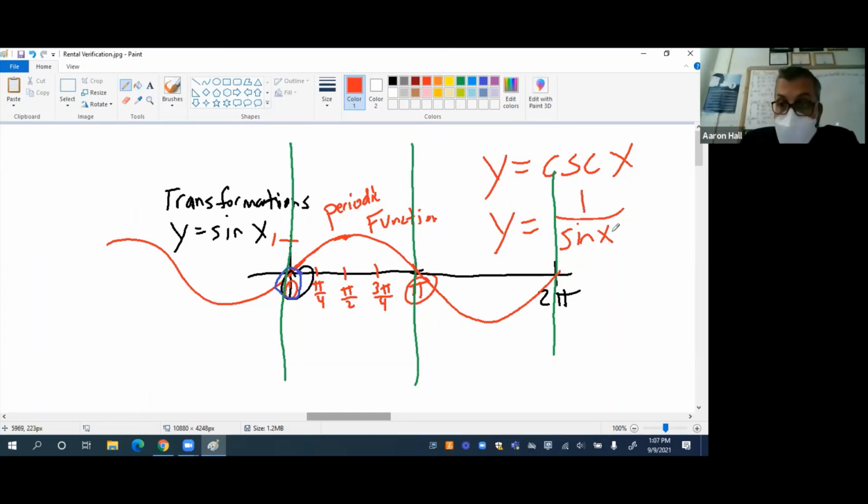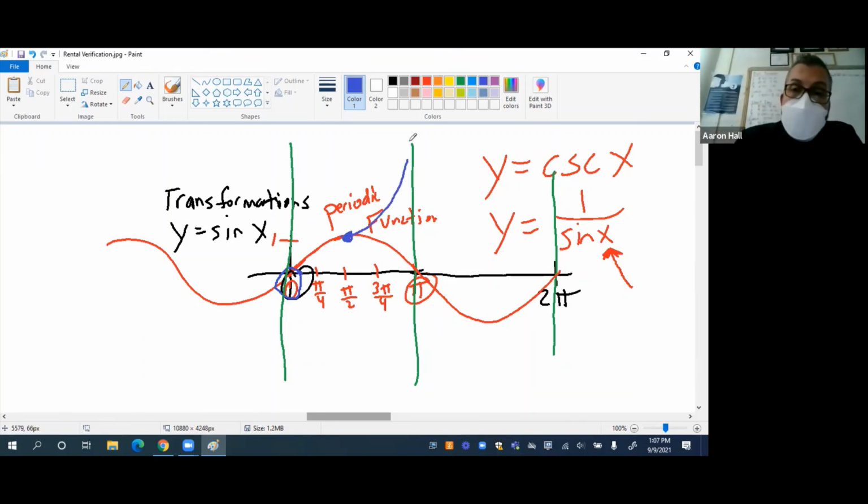Now, if I have some value here, what if I put pi halves in here? So sine of pi halves is what? 1. So that would give me 1 over 1. So I get this point right here. I have to have convergence.